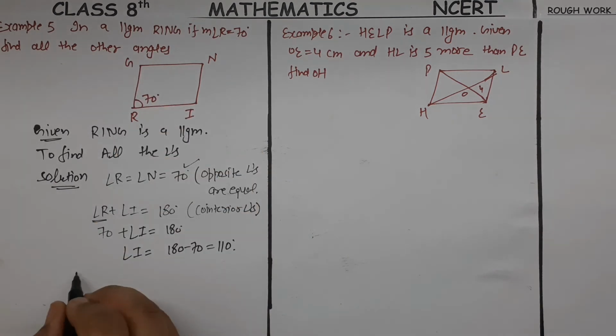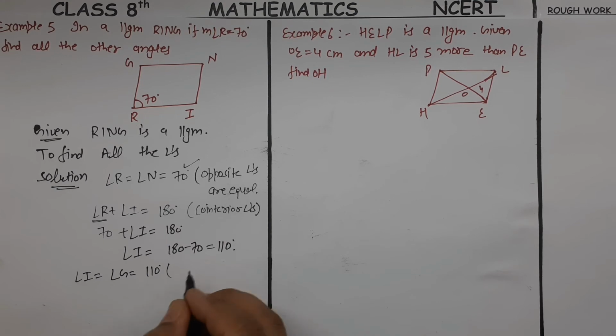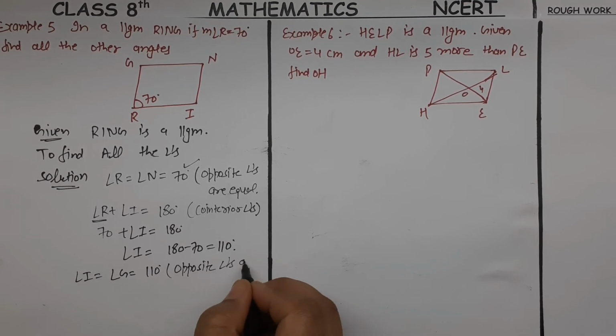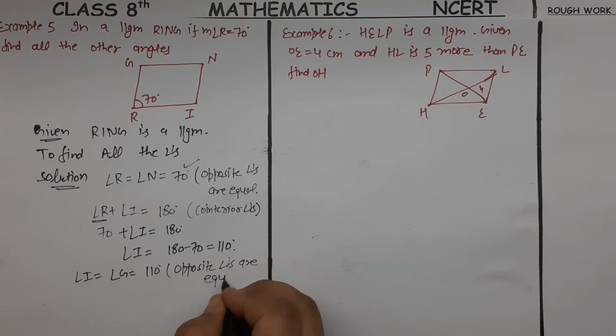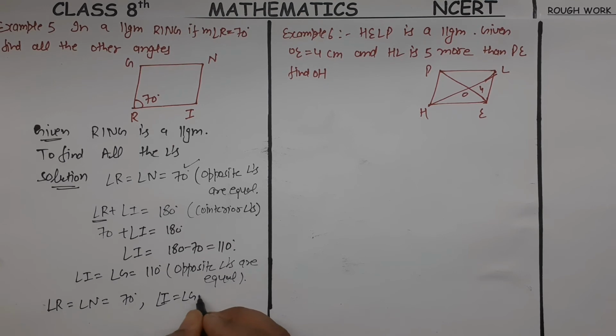Angle I is equal to angle G. Reason, opposite angles are equal. So, all angles of the parallelogram: angle R equals angle N, 70 degrees; angle I equals angle G, 110 degrees.